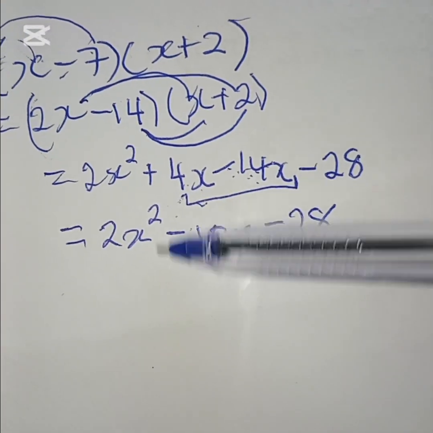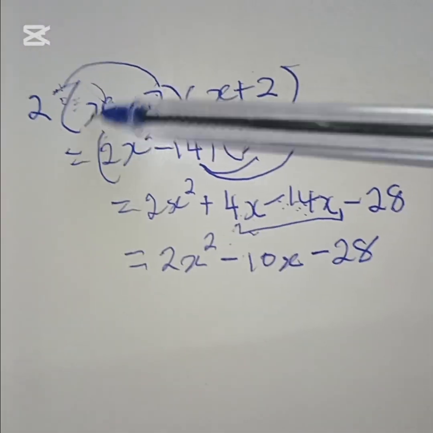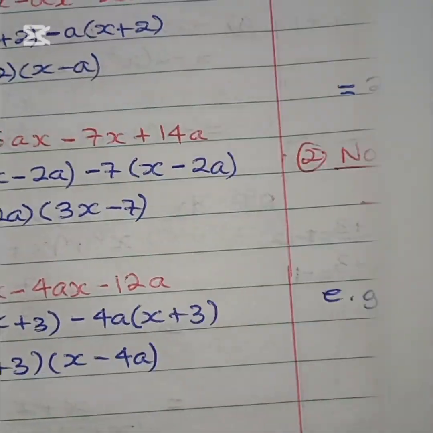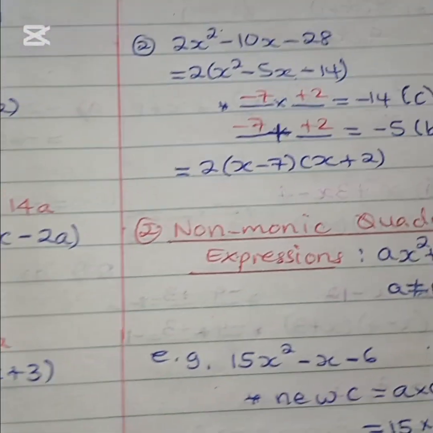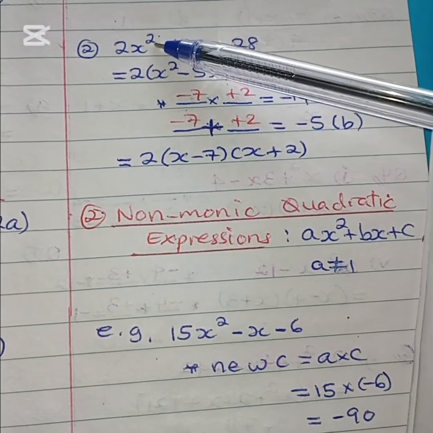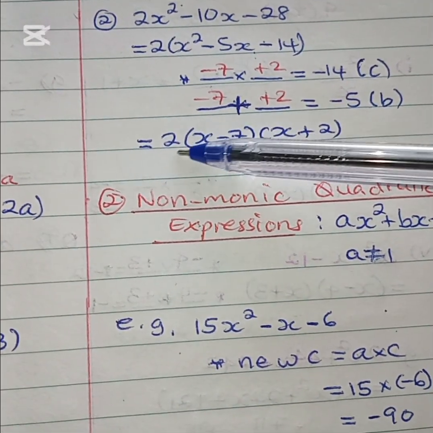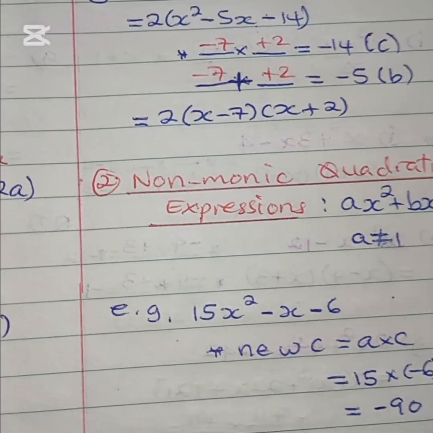We have 2x squared minus 10x minus 28 when we expand the factors that we found. So if we check with the original expression, you see we started with 2x squared minus 10x minus 28. So our factors here are good, they're correct.